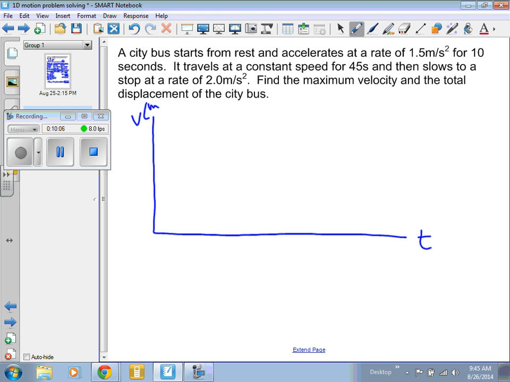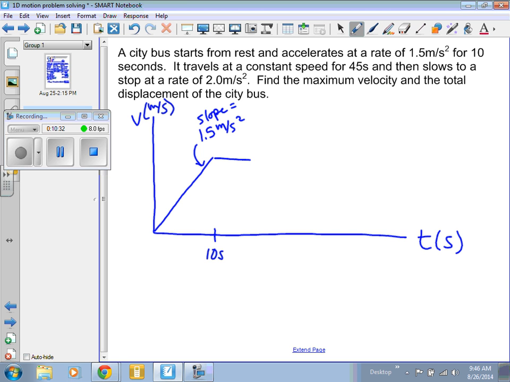So we have velocity in meters per second, and we have time in seconds. We know that the bus starts from rest. It accelerates for 10 seconds. It accelerates at a rate of 1.5 meters per second squared. So we know that the slope is equal to 1.5 meters per second squared.